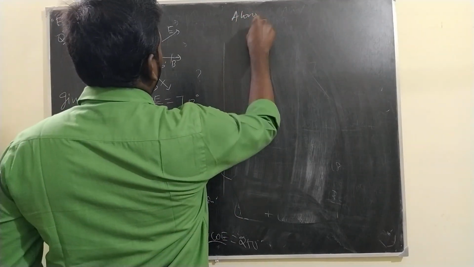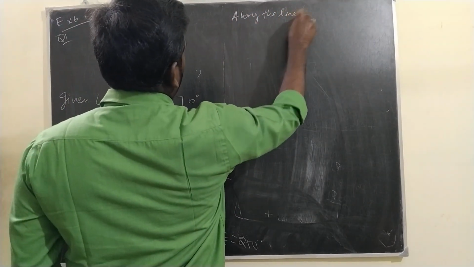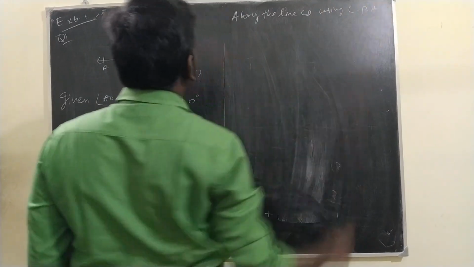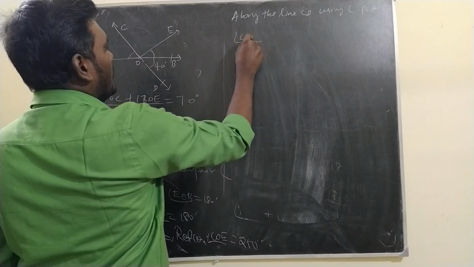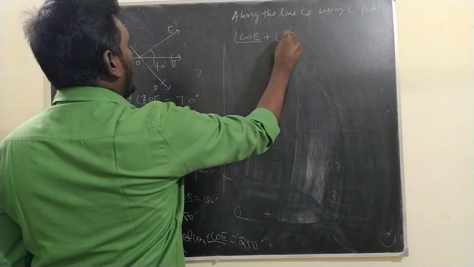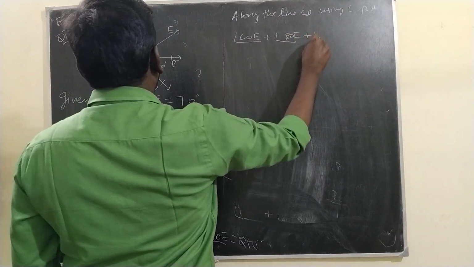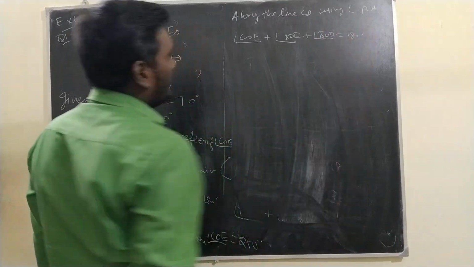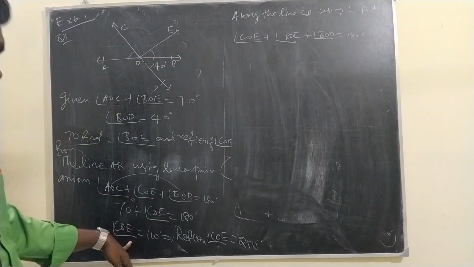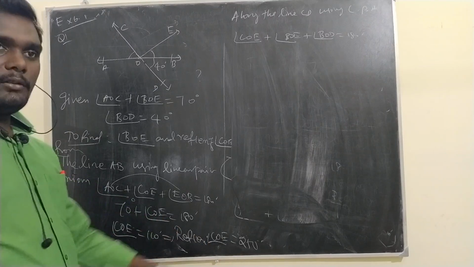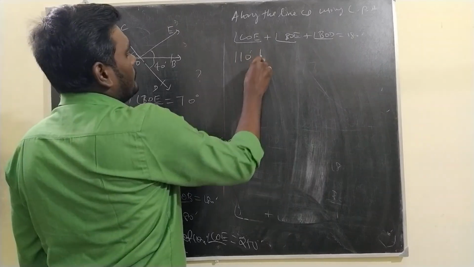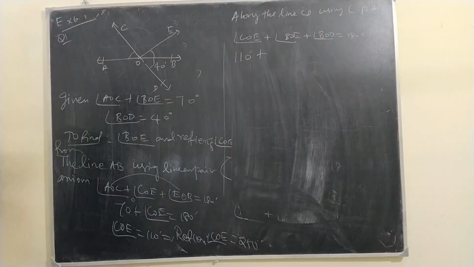So along the line CD, using linear pair axiom, what we may say is angle COE plus angle BOE plus angle BOD equals 180 degree. Now COE we have found 110, that is the reflex one, don't use it. This one only. COE how much? 110 degree. Plus BOE how much?